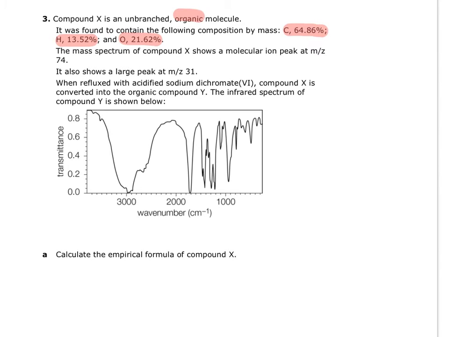And the fact it says unbranched, they wouldn't have printed that unless there was a reason for it. So if you see this in a question right at the beginning, if they give you a piece of information that might seemingly be irrelevant, and very small and not very big part of the text, tuck it away in your short-term memory and highlight it or underline it, because I bet you'll need to come back to it at some point.